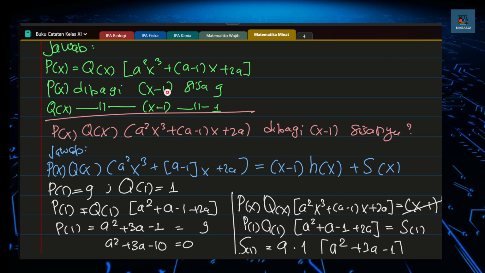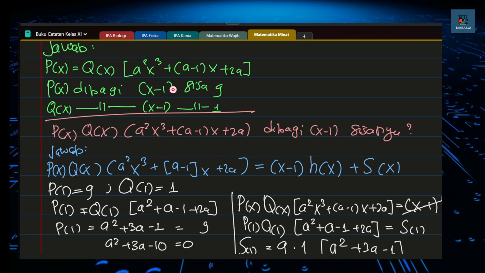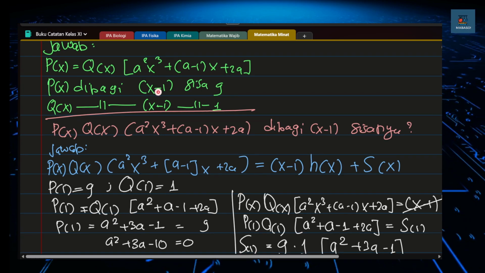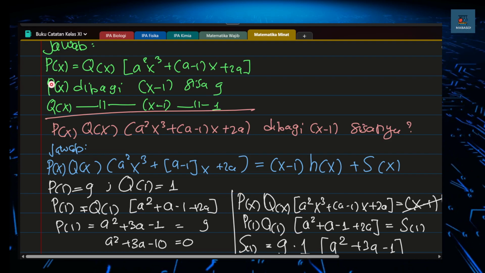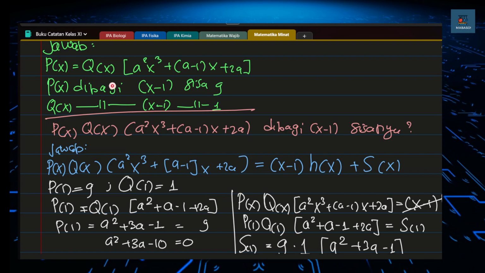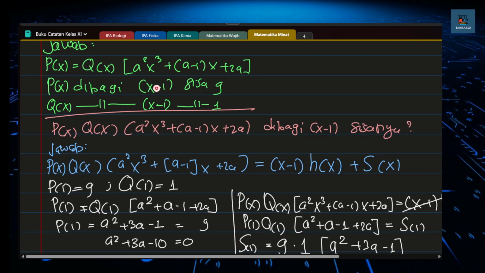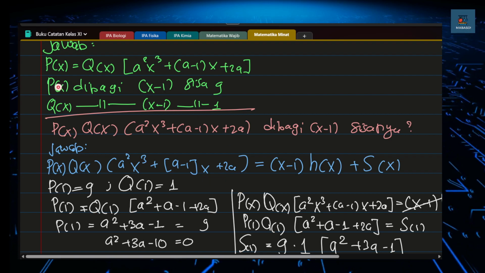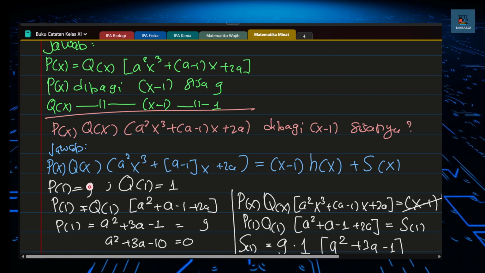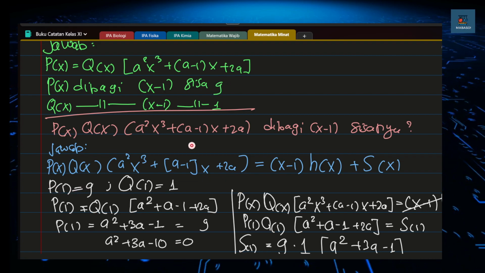Based on the remainder theorem, the remainder is equal to the polynomial's value at that particular x. So the value of P(1) is equal to its remainder, which is 9.